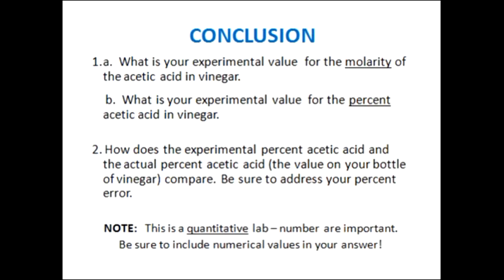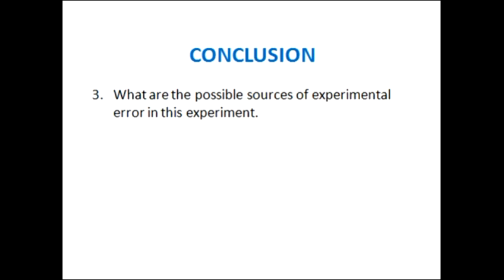Question 2 reads, how does the experimental percent acetic acid and the actual percent acetic acid, that's the value on your bottle, how do they compare? When you're answering this, you need to be sure to address your percent error. Question number 3 asks, what are the possible sources of experimental error in this experiment?